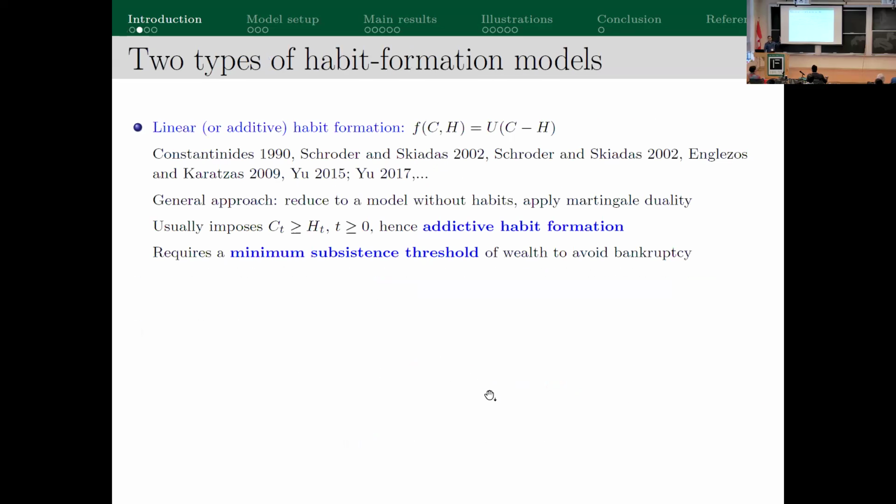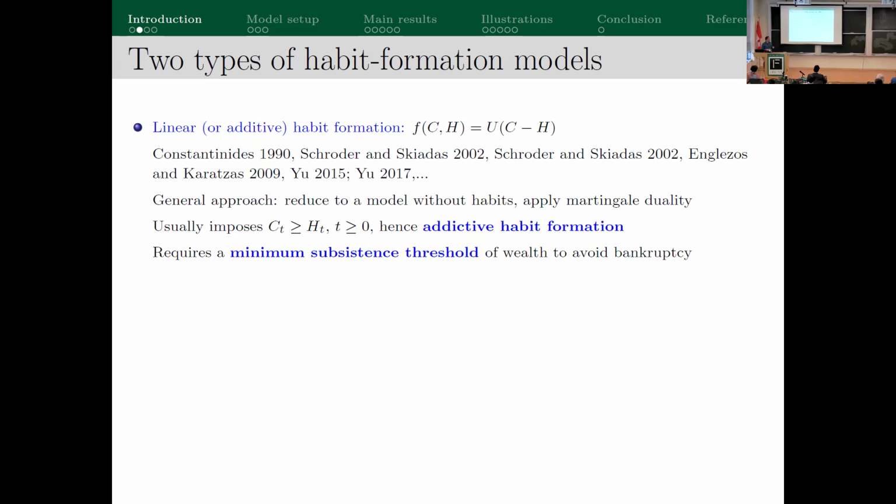And if you look at the literature, it's completely dominated by one utility function, which is called the additive or linear habit formation. You take a utility function and apply C minus H to it, right? Almost all papers on habit formation essentially use this type of additive habit formation.